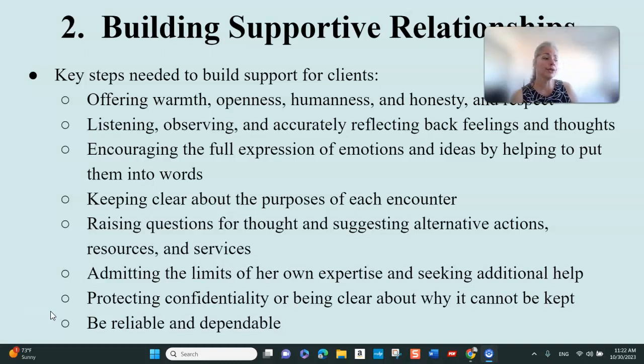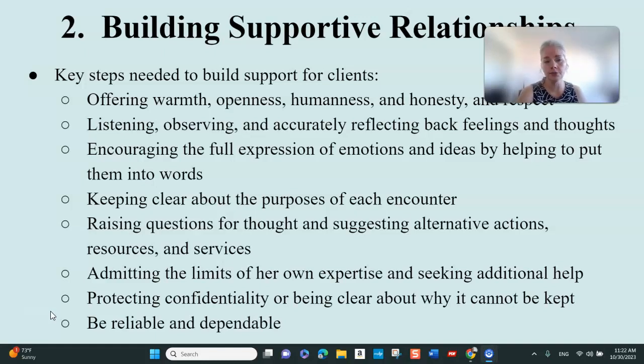You want to make sure you're explaining the reason for your visits, what your key goals are, what you want to accomplish, and every time you interact with them, they should know what the immediate goal is, and then how that fits into maybe our long-term goal.